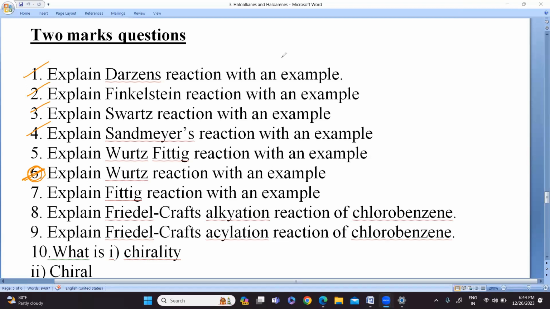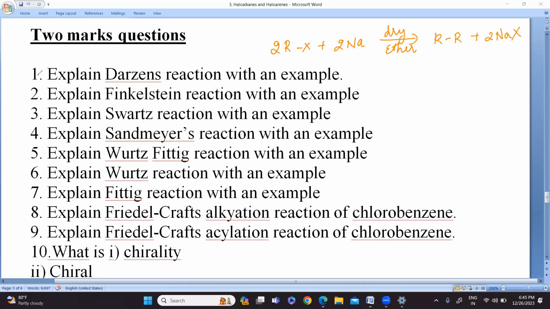Wurtz reaction. So alkyl halides: 2RX plus 2Na in the presence of dry ether gives you R-R plus 2NaX.